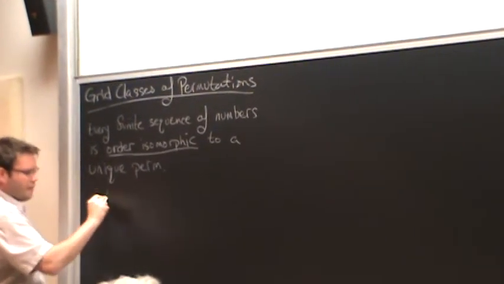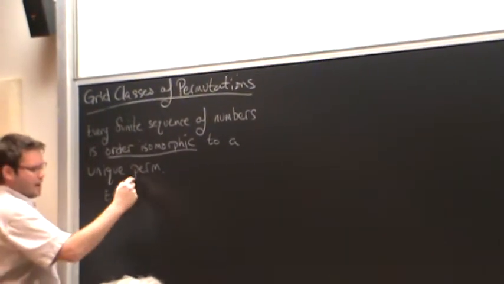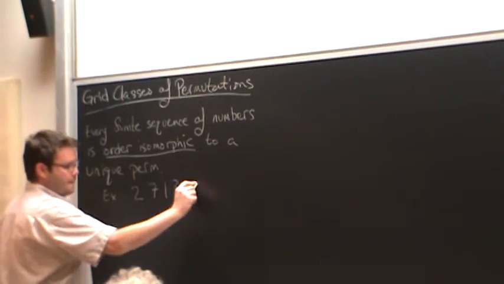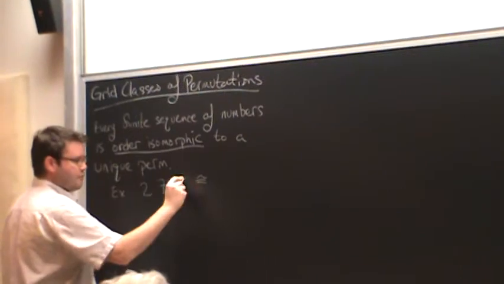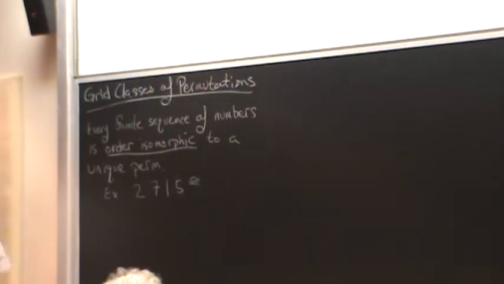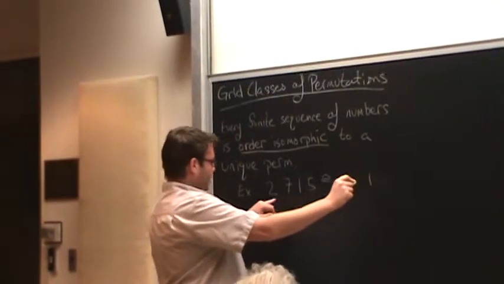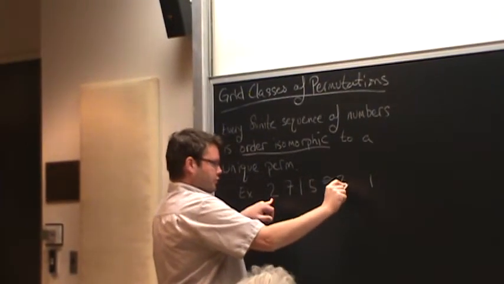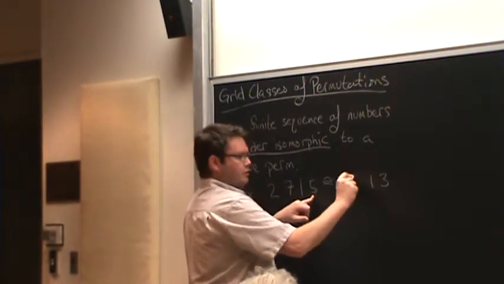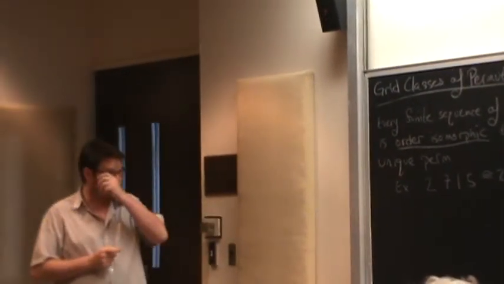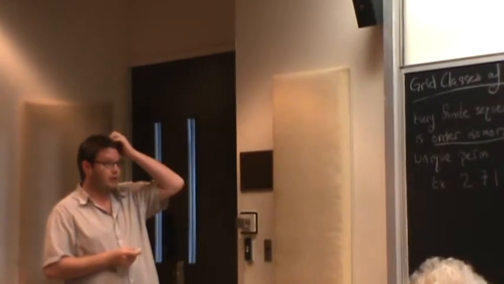For example, we have 2, 7, 1, 3, make that 5. That's order isomorphic to a unique permutation where the smallest entry is in the third position, the second biggest is in the first, the third biggest is last, and the fourth biggest is second. So any sequence corresponds to a unique permutation.